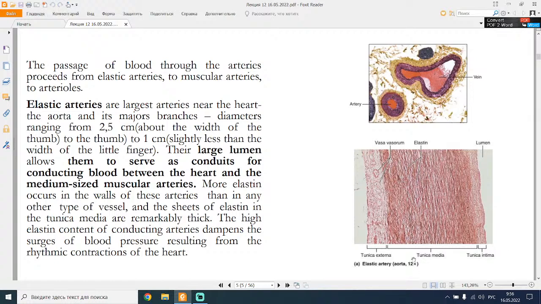The sheets of elastin in the tunica media are remarkably thick.